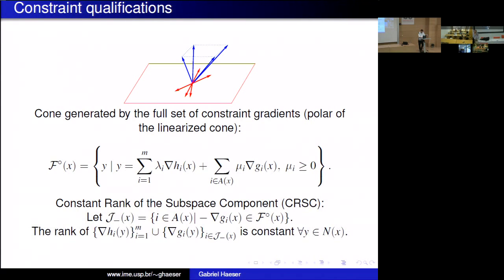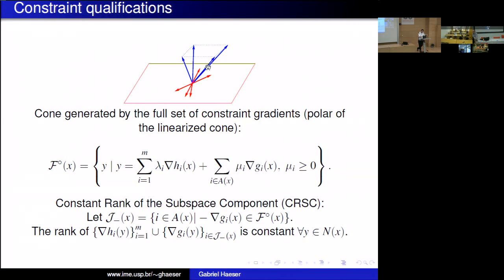And it turns out that whenever you have a cone like this, you can separate the subspace part of the cone. So we define this set J minus of X. It's the following.